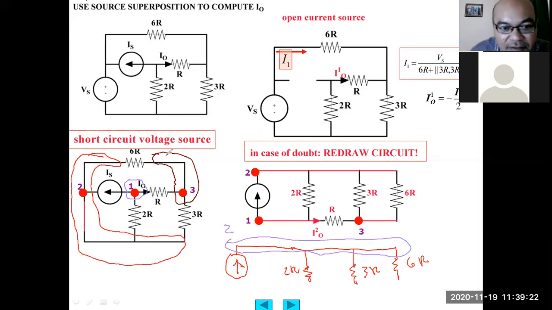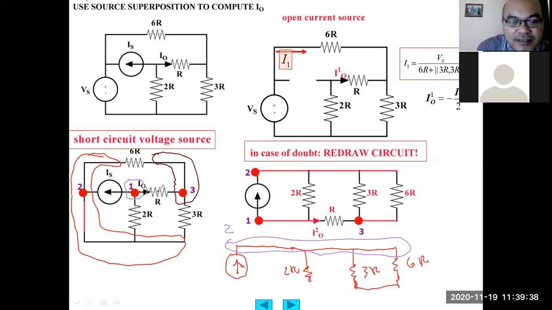This one, node number 3, is connected at the other terminal of 6R, with the terminal of the R as well as 3R. So this becomes node number 3.